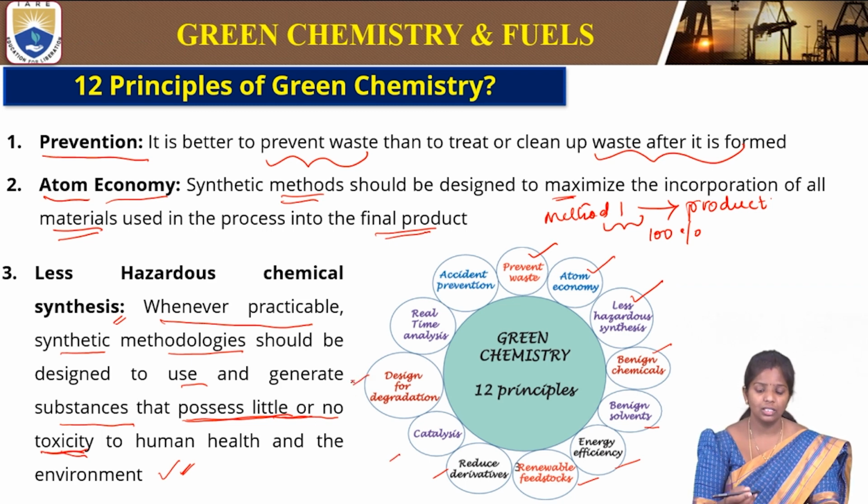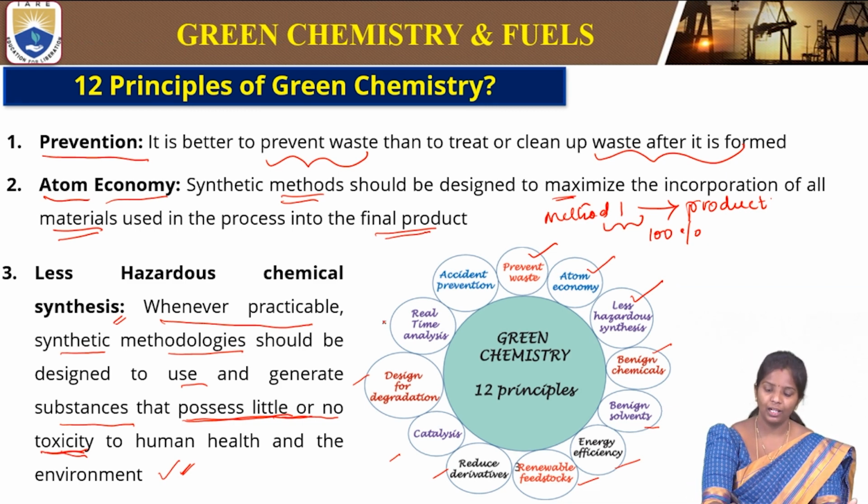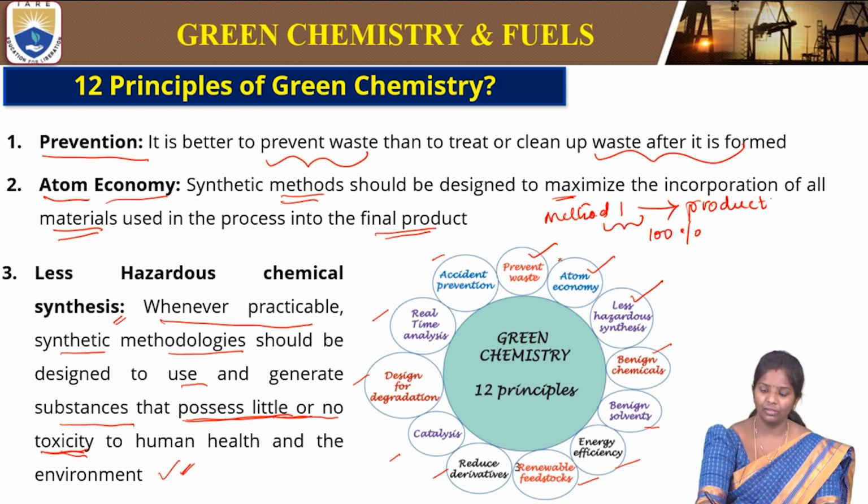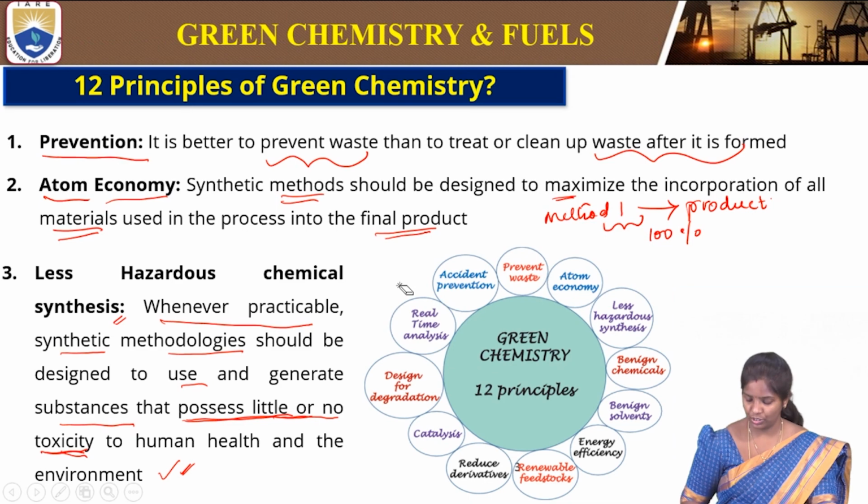This is also very important, because after we produce some byproducts, the degradation is also important. Then real-time analysis and accident prevention. So these are the different principles involved in green chemistry. In this session, we will cover the first three in detail, and we will have a glance at how the 12 are used in green chemistry.